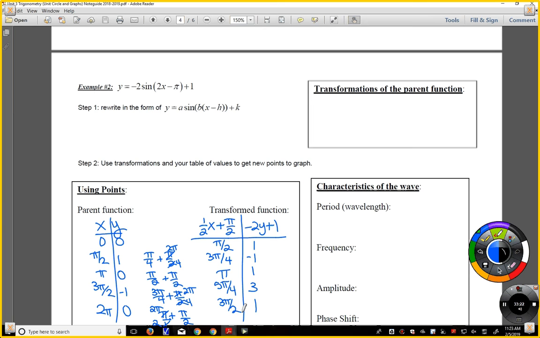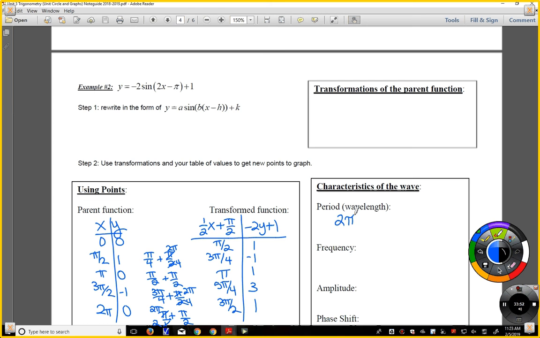So let's talk about these things here in the scale of our graph, and then we'll plot the points and be done. So period. So you're graphing a sine function. What's the normal period for the sine function? So normally the sine function, its parent, the parent function has a period of 2 pi. So that will be the period of this sine function also, unless the waves have been compressed or stretched.